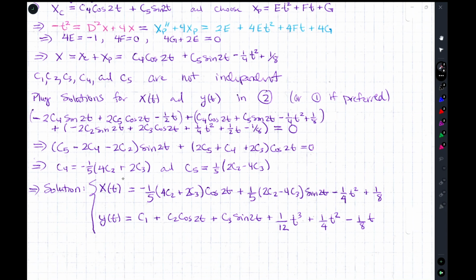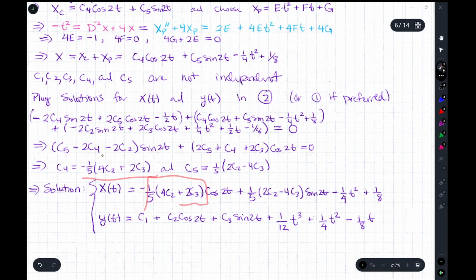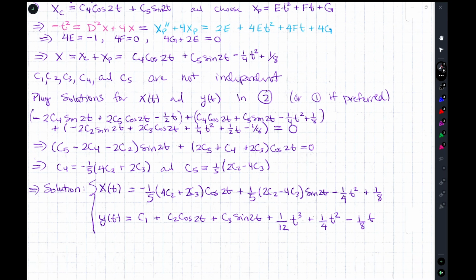And now we substitute for C4 what we just found here. So C2 and C3, these show up in y. And C5, we substitute in here. Okay, and again, we could have chosen equation 2 and gotten similar relations.